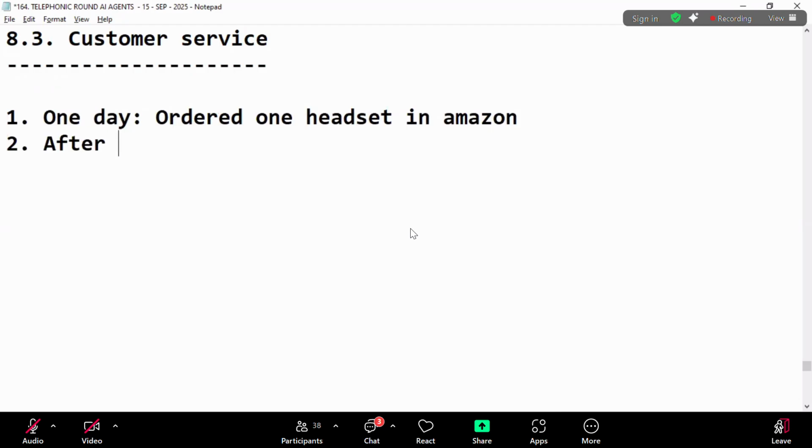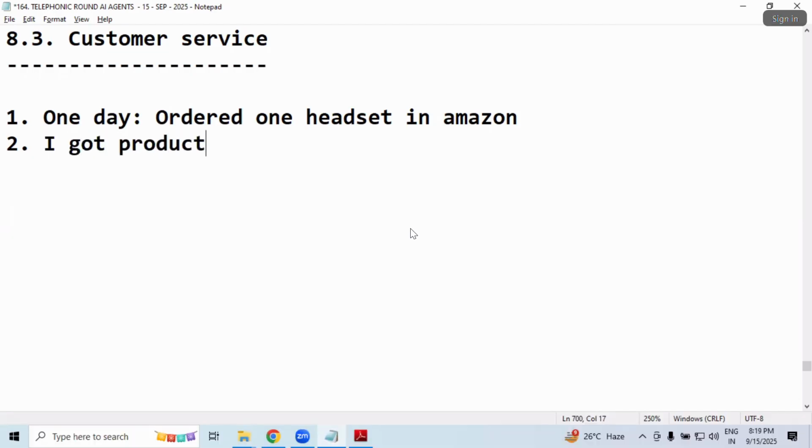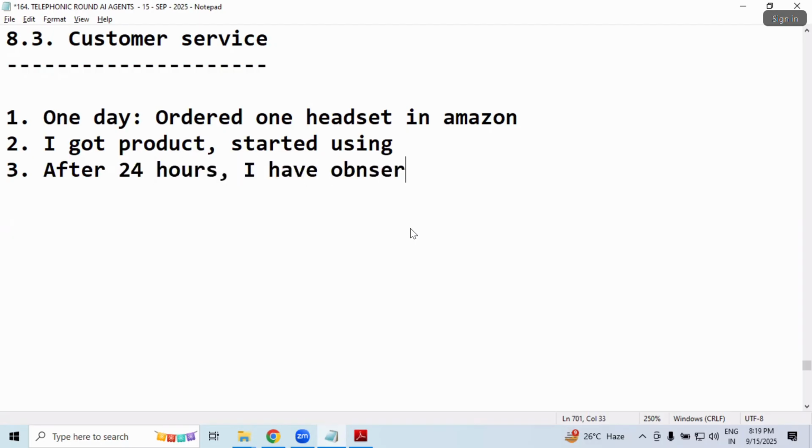After one day, I got the product and started using it. After 24 hours, I observed it had a defect. The product had some damage.